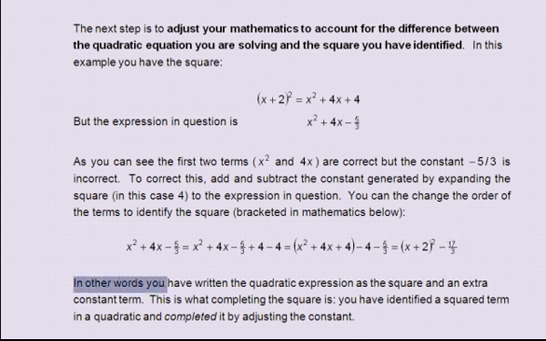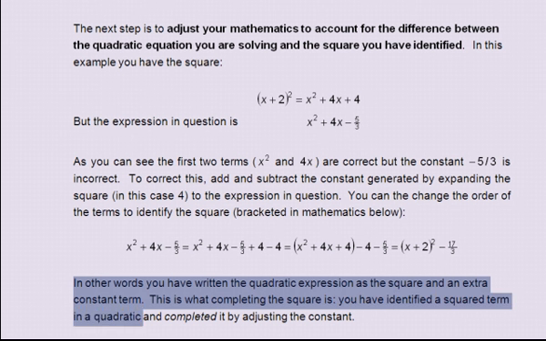In other words, you have written the quadratic expression as the square and an extra constant term. This is what completing the square is. You have identified a squared term in a quadratic and completed it by adjusting the constant.